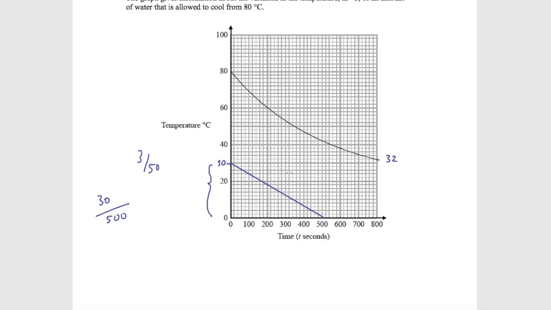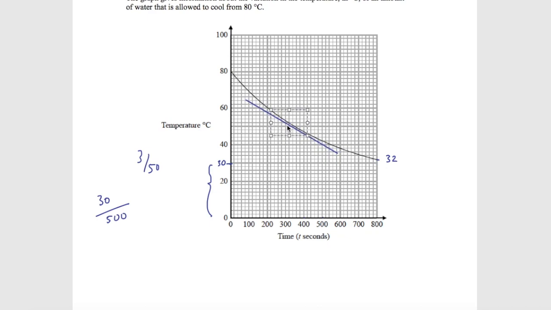One way I might do this in an exam would be to draw this line first, and then get your ruler. A ruler has a certain width, and then try to draw some parallel lines until one touches the graph. I'm going to cheat a little bit here because I have this program. I'm going to select this line and move it up. But you could do the exact same thing with the ruler on it with a pen and paper.